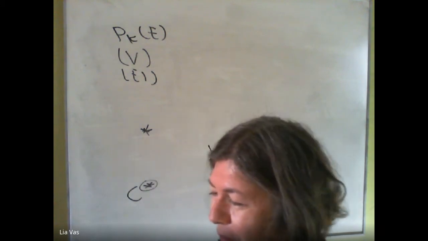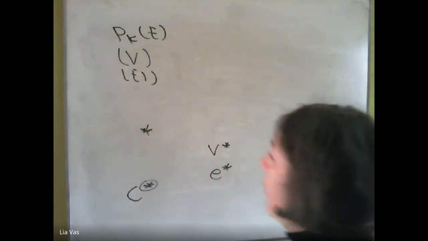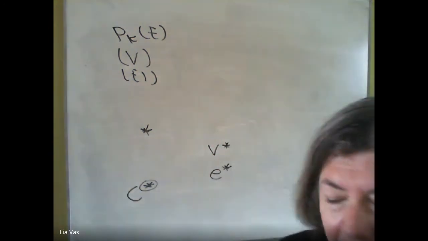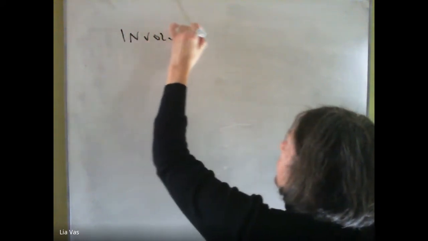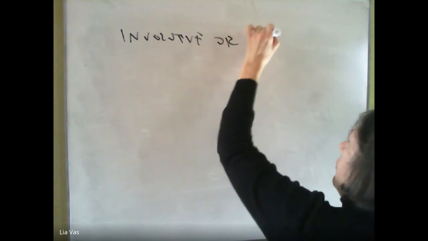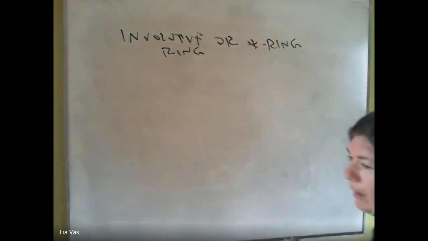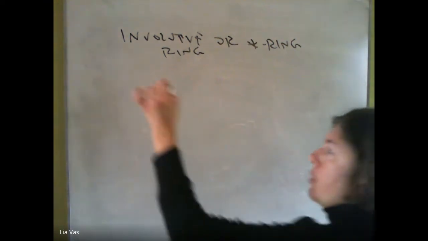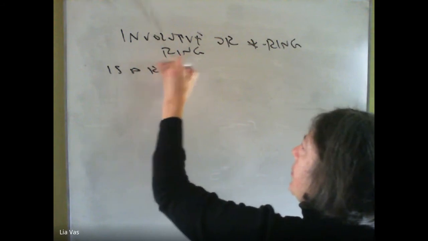So before we go to the axioms themselves, let me tell you what a star ring is, just so that we understand all these stars that are going to come later on. An involutive ring is simply a ring with this unary operation star.